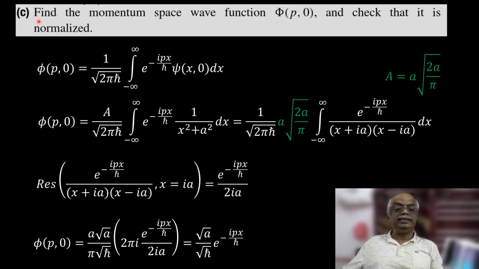Now, section C is find the momentum space wave function phi of p, and check that it is normalized.